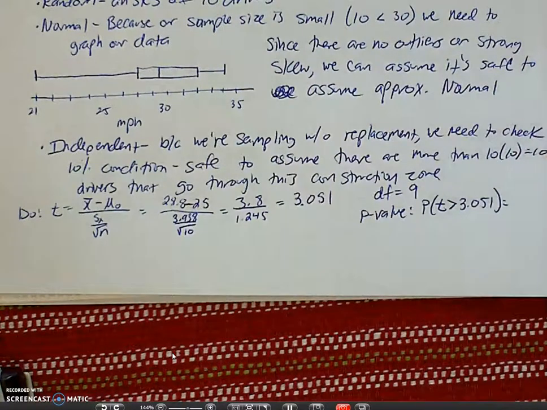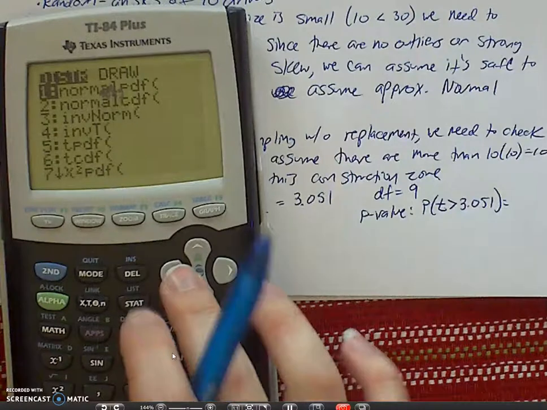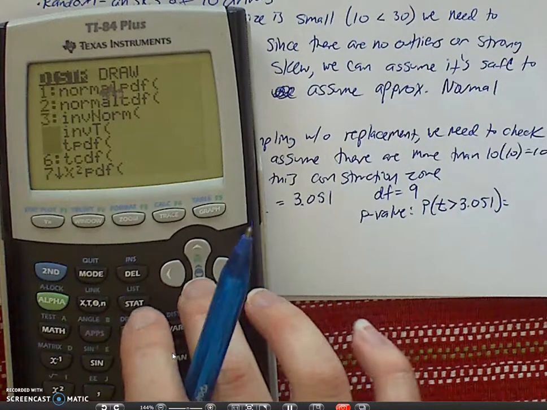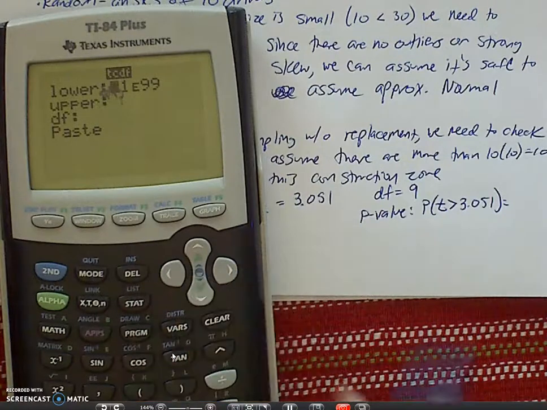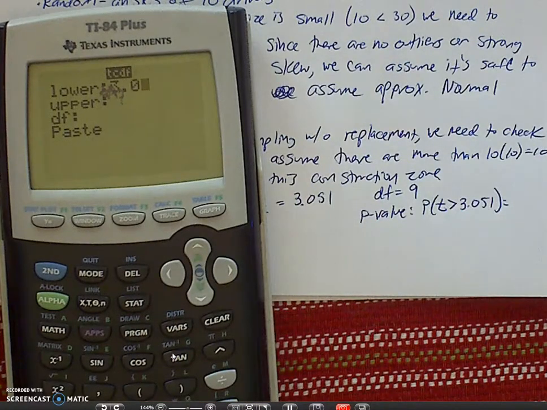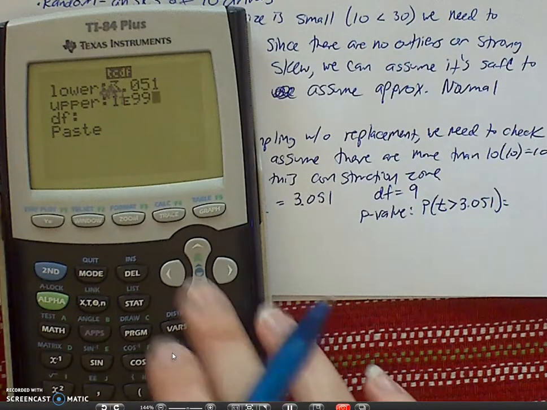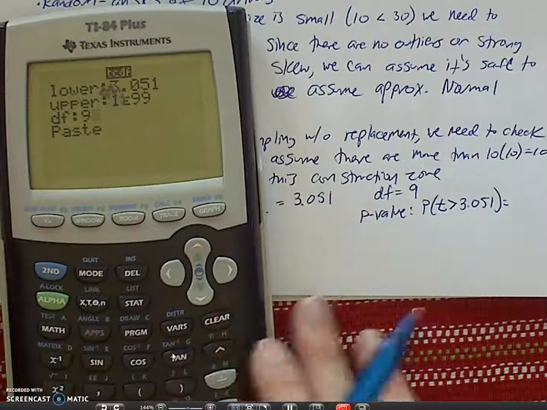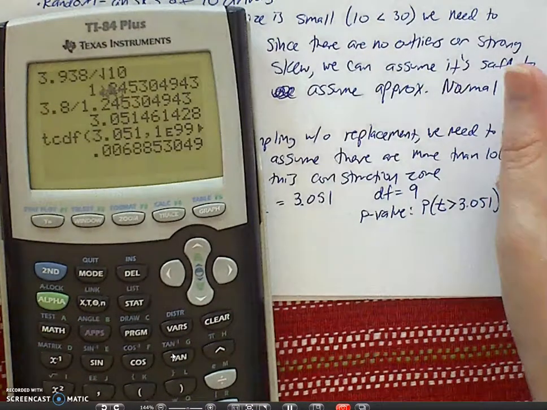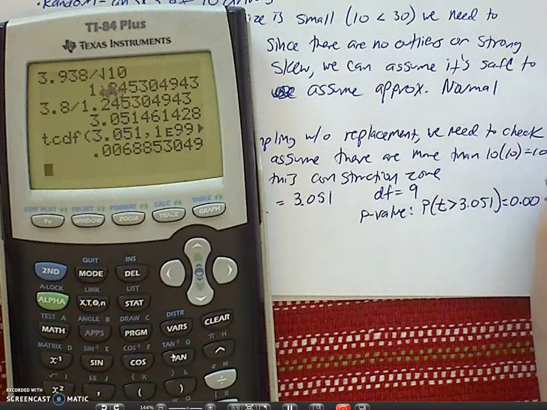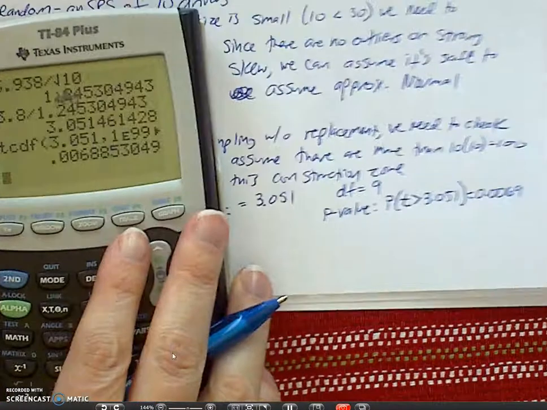So I need to use tcdf for this. I'm going to go to second vars, tcdf. Since I want greater than that, 3.051 is my lower, some really big number for my upper, and degrees of freedom here is 9. And we get a p-value of 0.0069.